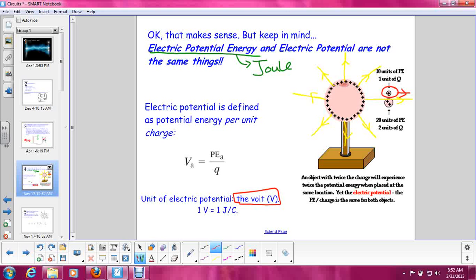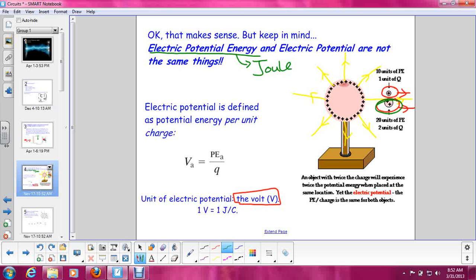And it is the same distance away as this guy, which wants to do the same thing. So both of these have the same electric potential, but they have different electric potential energies. We know this because this charge right here is larger than the other one.